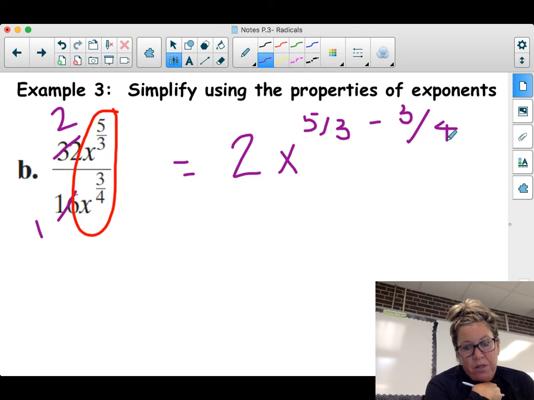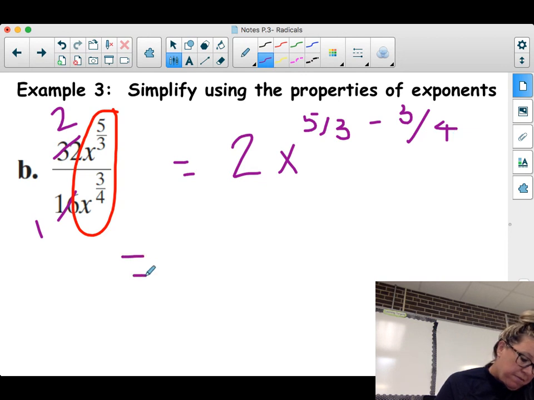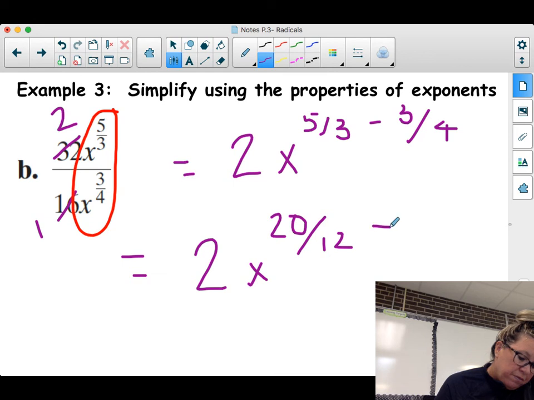In that first fraction, we need to multiply the numerator and denominator by 4. So 5 times 4 is 20, 3 times 4 is 12. And then the second fraction, we need to multiply the numerator and denominator by 3.